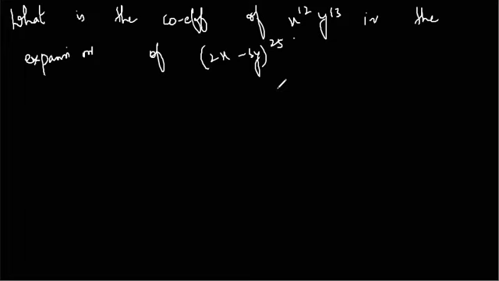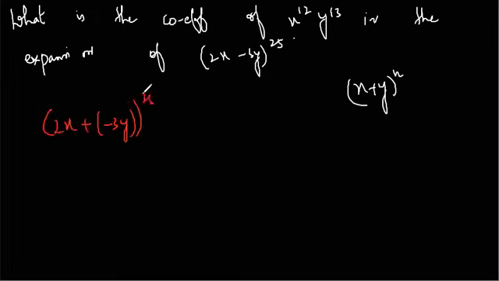So now 2x minus 3y, we have seen the formula for x plus y whole power n, that is the symbol was plus. How should we compute when the symbol is minus? So over here we can write it as 2x plus of minus 3y whole power 25. Now in this case, what is our n value? Again it is 25. We are supposed to find y power 13, so our j value is 13.